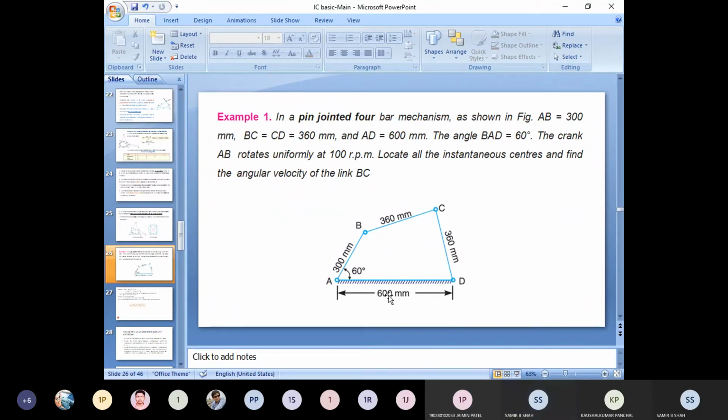So we consider link 1 as AD, link 2 as AB, link 3 as BC, and link 4 as CD. Okay, so it's very easy to identify which is link 1 and which is link 4.